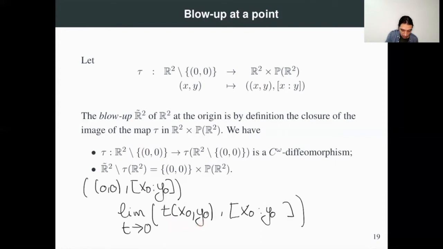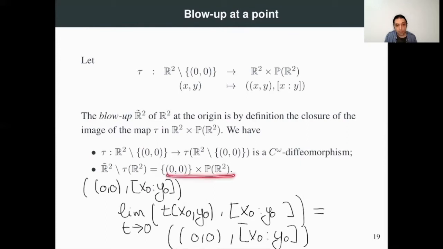So this limit is going to be the point 0, 0, and here the class of x0, y0. So indeed, what we proved is that every point in here is actually in the difference between the blow up of the plane of the origin and the image.